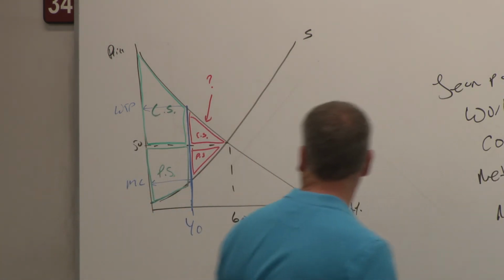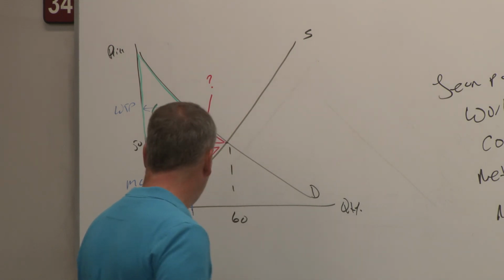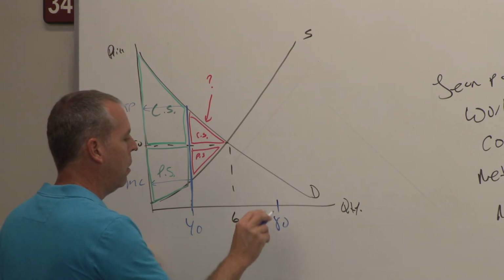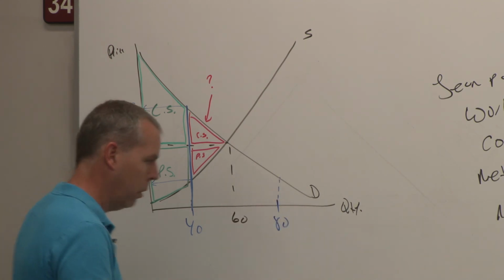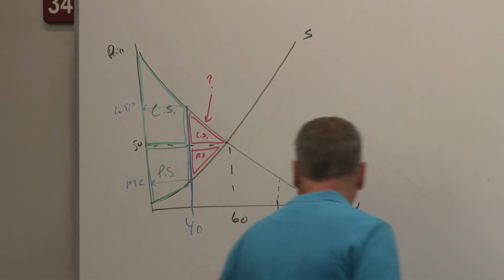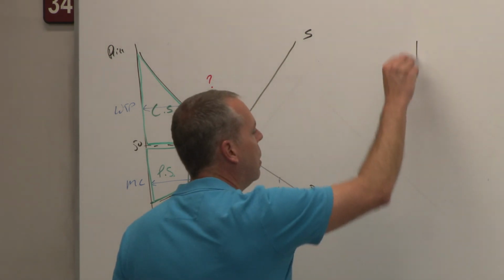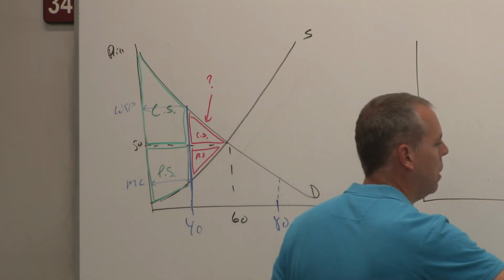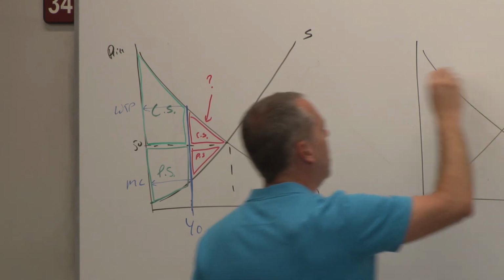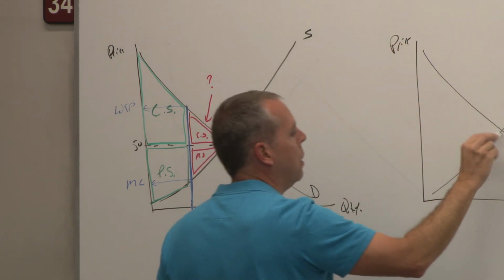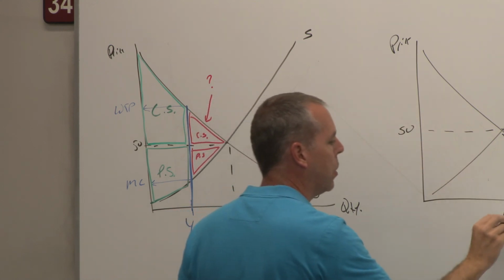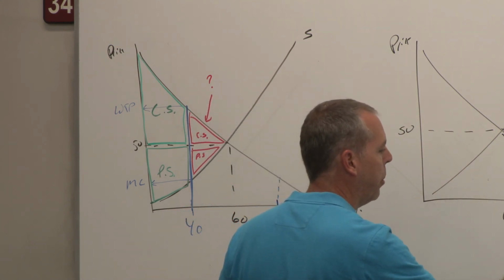What about this guy over here, number 80? So this guy here is 50. This guy here is 60. Here we are out here at number 80.